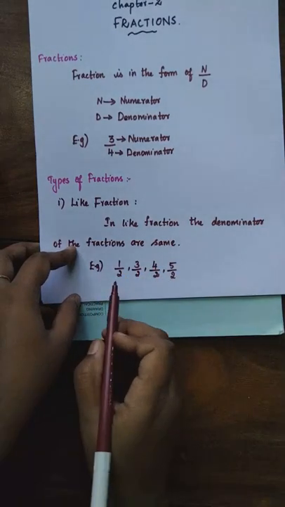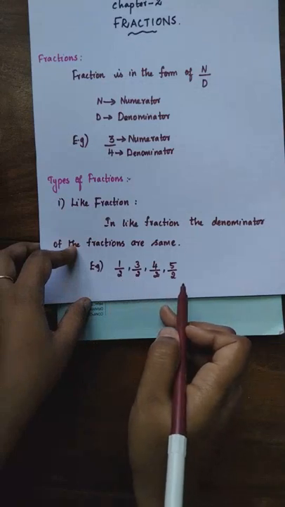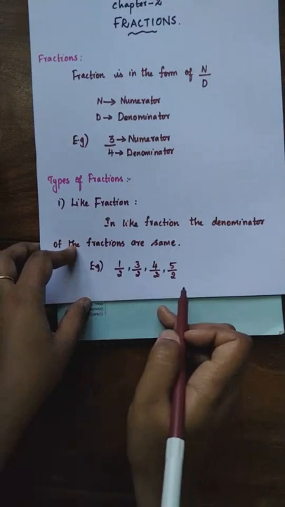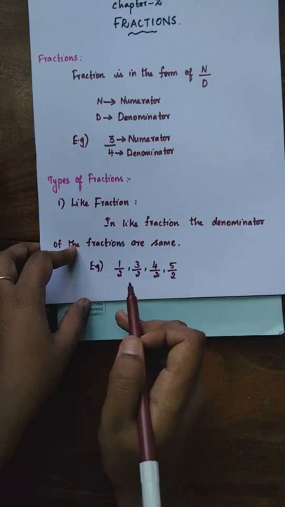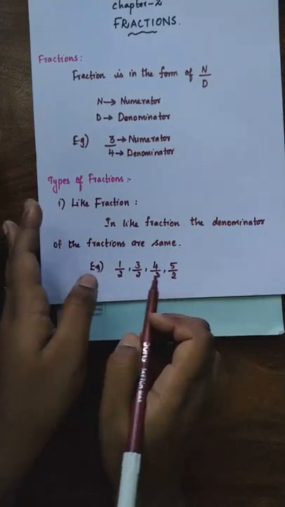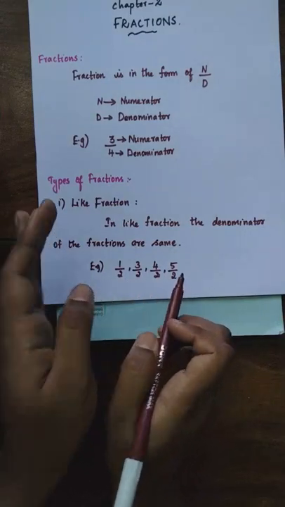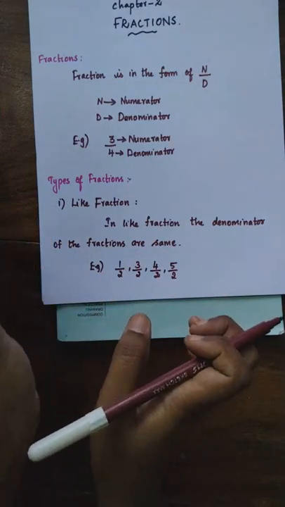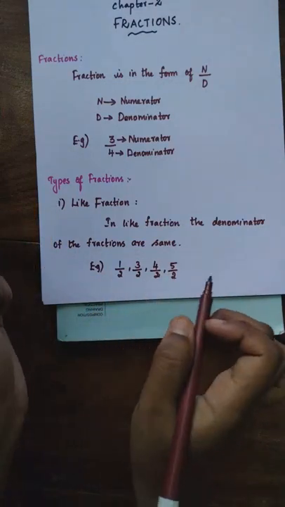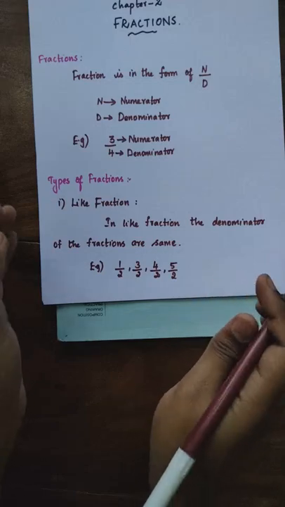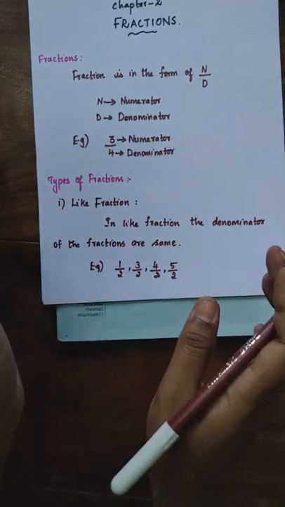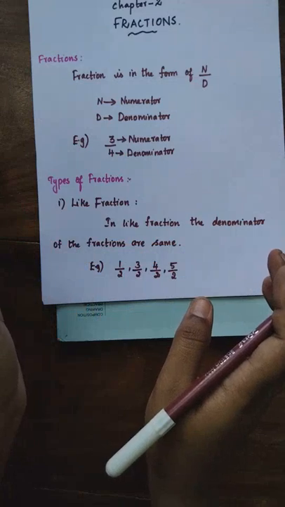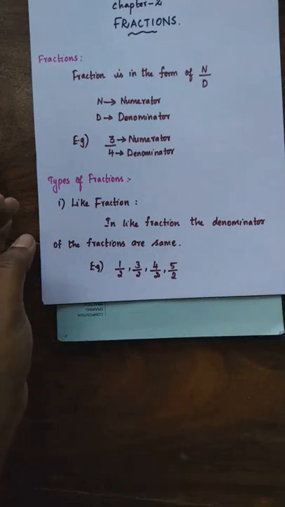In the denominator, which number is there? 2. Yes, 2 is the denominator for all the fractions, so they have the same denominators. So these fractions are called like fractions. Understand?